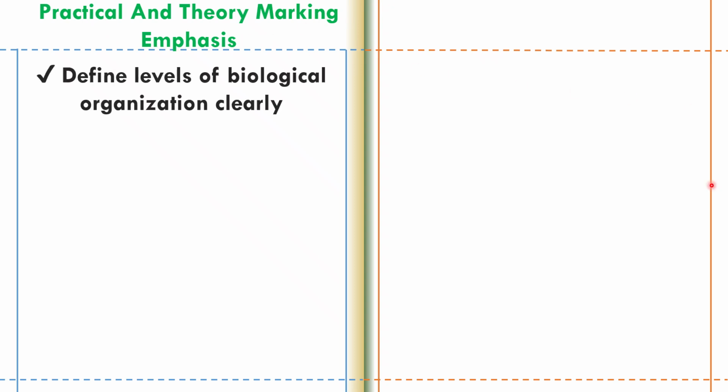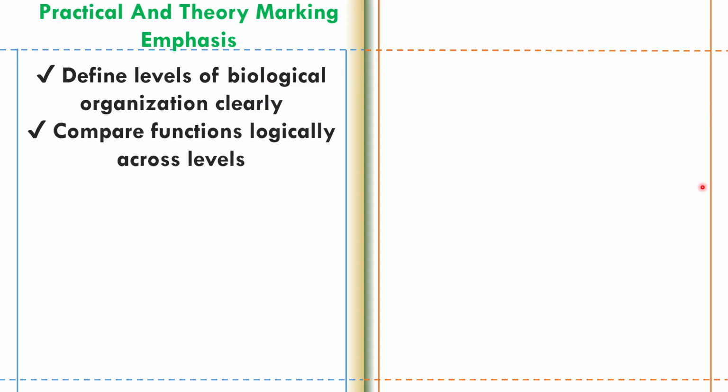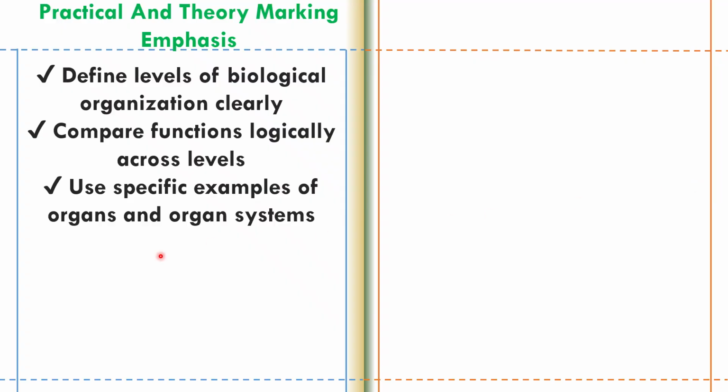Practical and theory-making emphasis. Define levels of biological organization clearly. Compare functions logically across levels. Use specific examples of organs and organ systems.